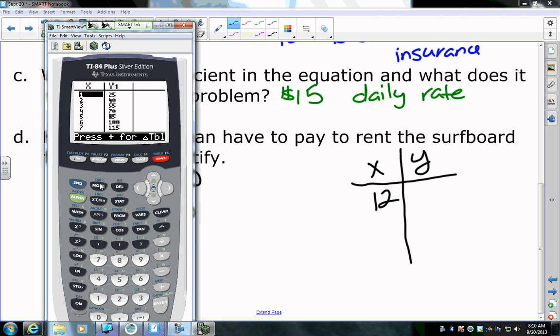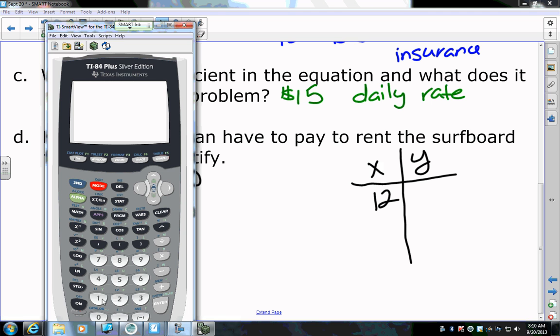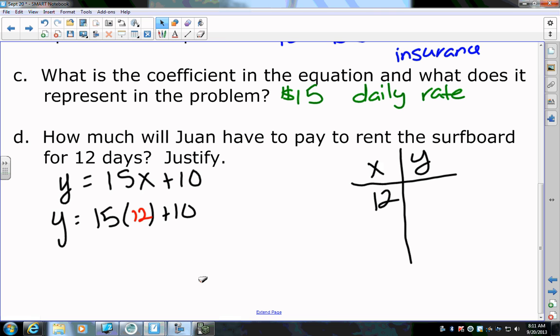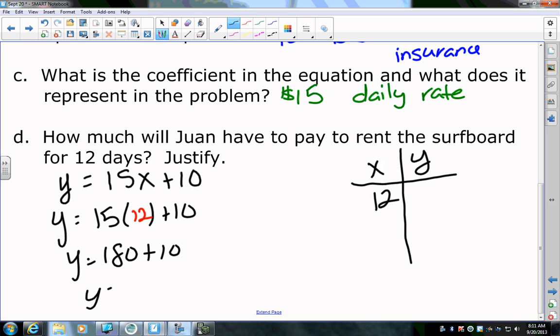All right. 15 times 12 is 180. So I'm going to have y equals 180 plus 10, which is y equals 190. So it's going to cost me $190.